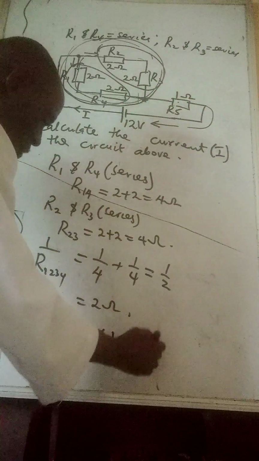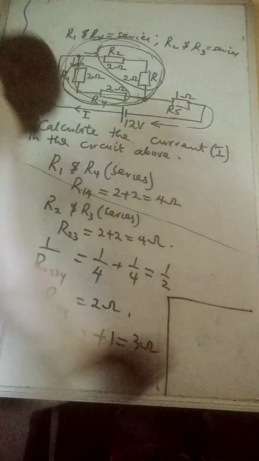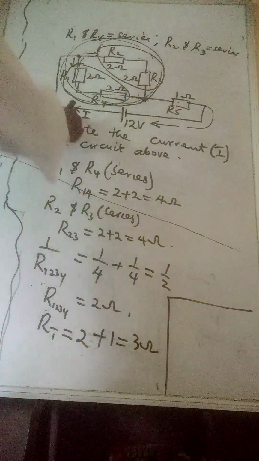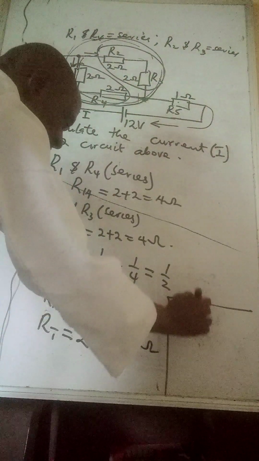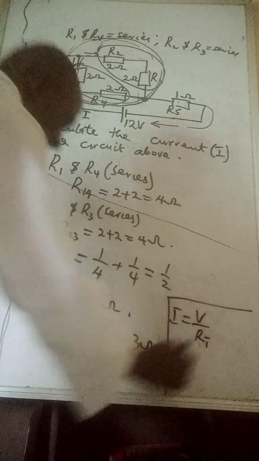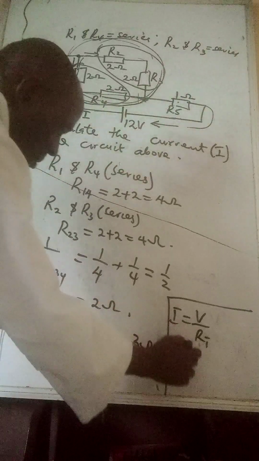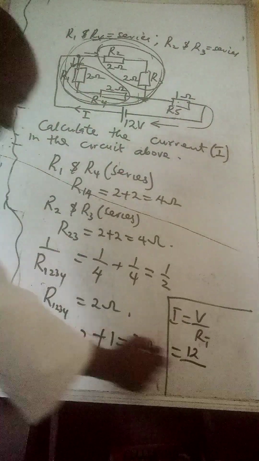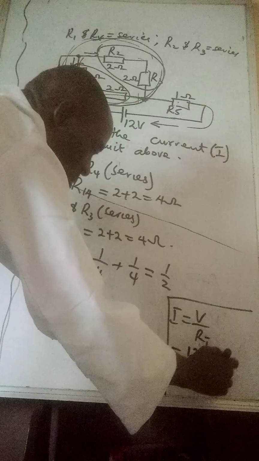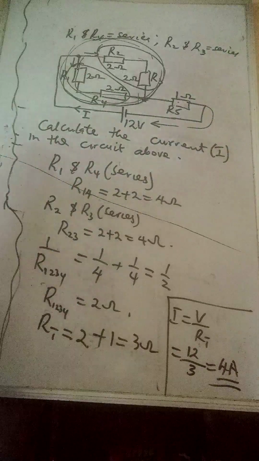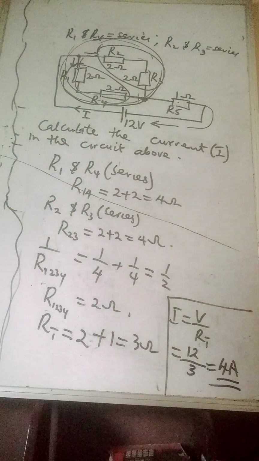That will be 3 ohms. So having done that, you can now find the current. I will be V over total resistance. What is our V? Our V is 12. Over total resistance, which is 3. So the answer is 4 amps. That is the total current in the whole circuit.